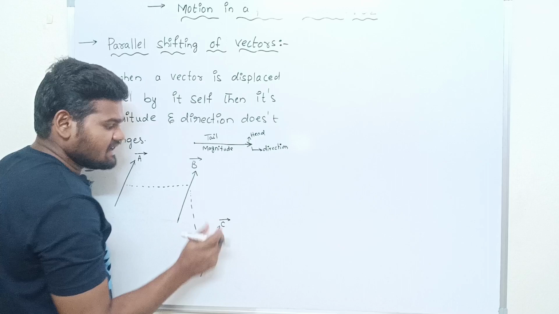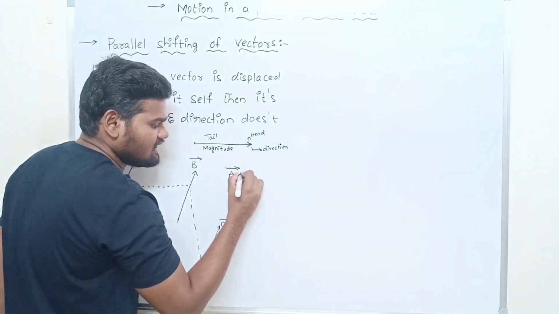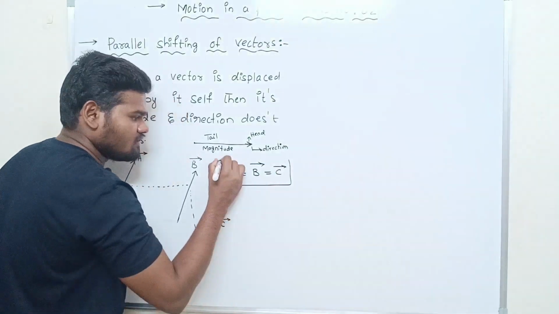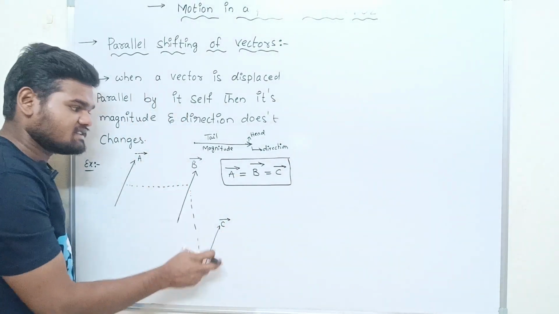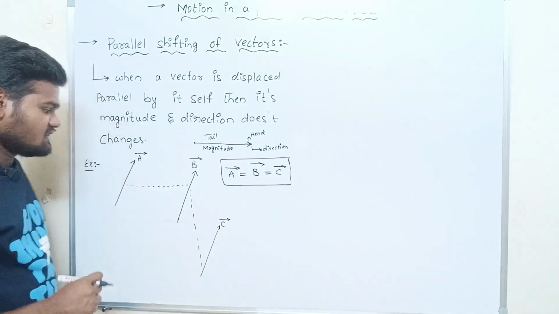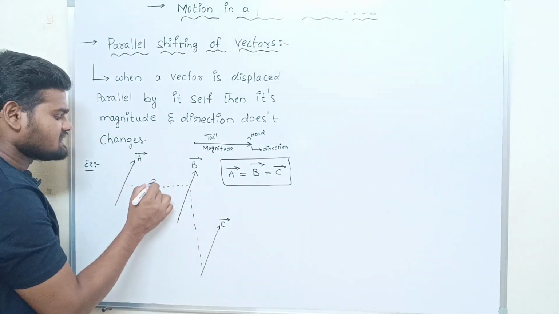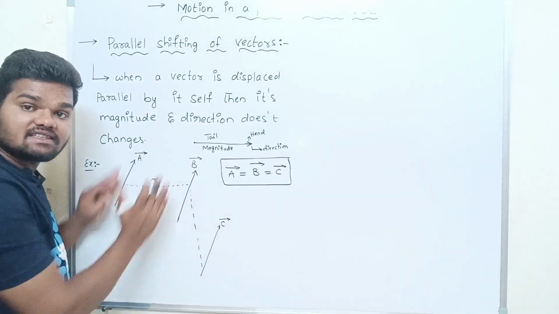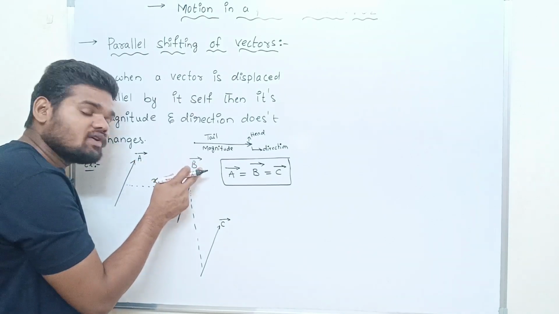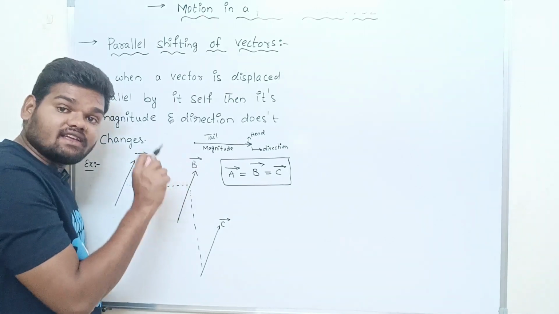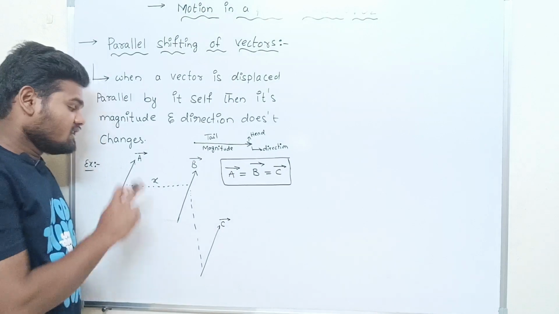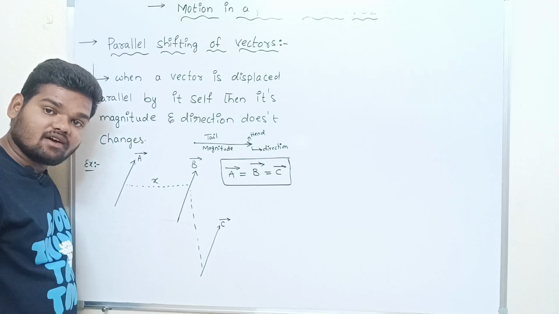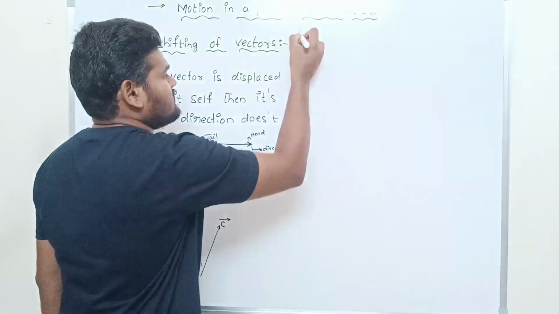So from this condition, a bar vector is equal to b bar vector is equal to c bar vector. That means these three vectors are equal vectors. Whenever a vector is displaced, let us consider x is the displacement, a bar vector comes from this point to this point, its magnitude and direction do not change. Then if it is a bar, this is also a bar because these two are equal vectors. So a bar is equal to b bar is equal to c bar. Any doubts?